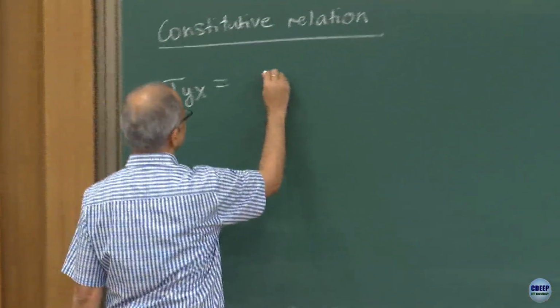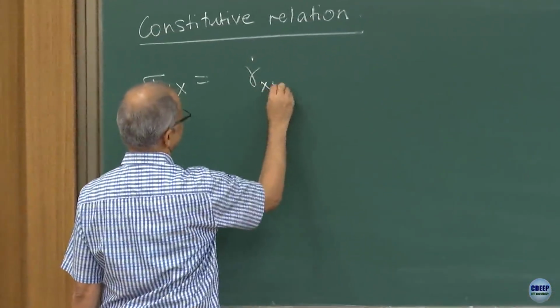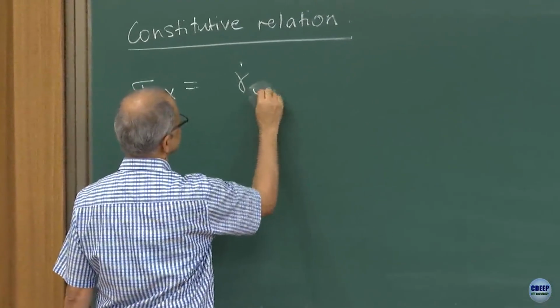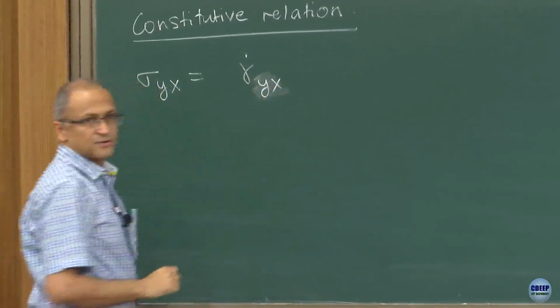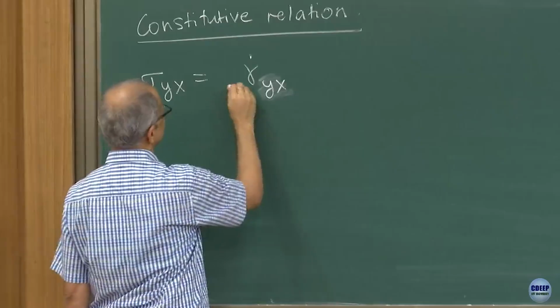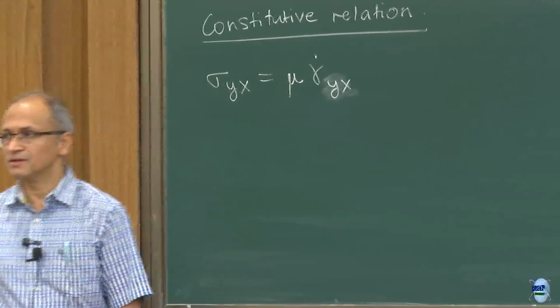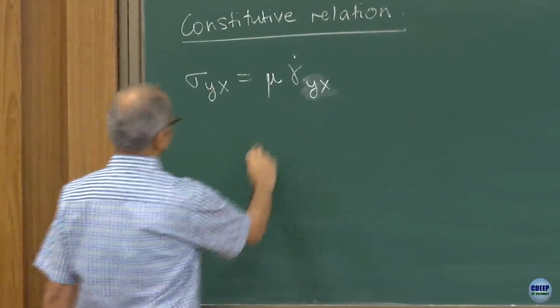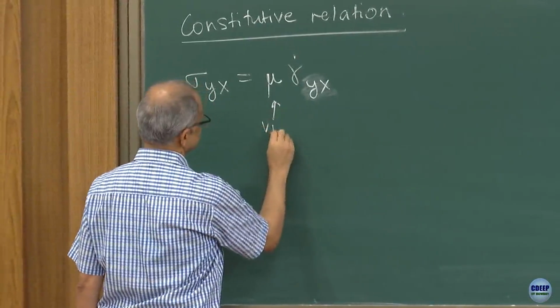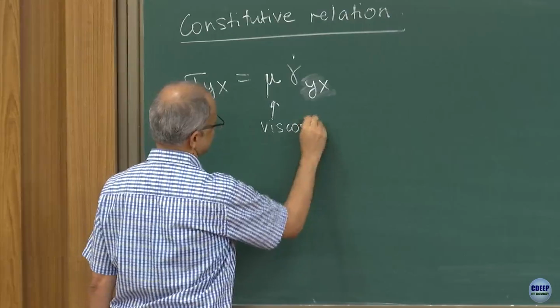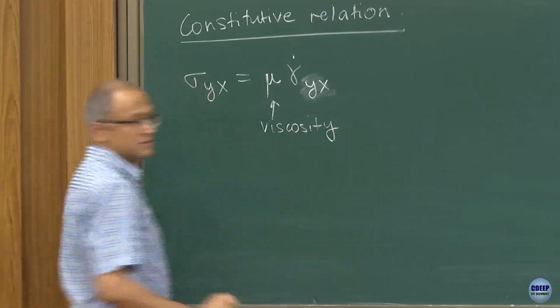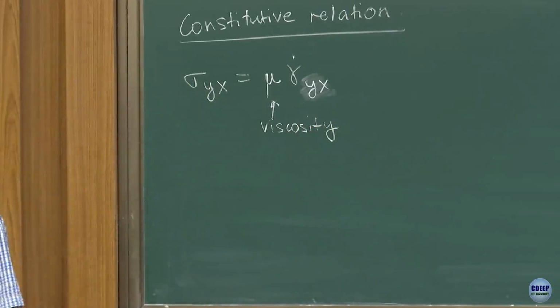So gamma dot xy, rather let's keep the same subscript, and the proportionality constant here becomes my mu. This is where viscosity enters, and viscosity brings in information on whether I'm talking about air or water or some other type of fluid.